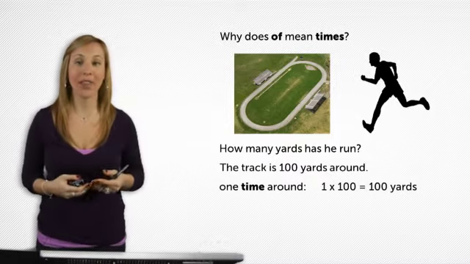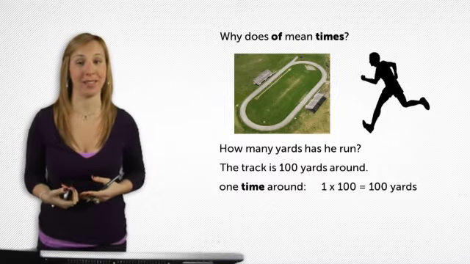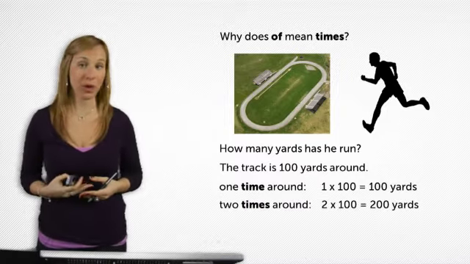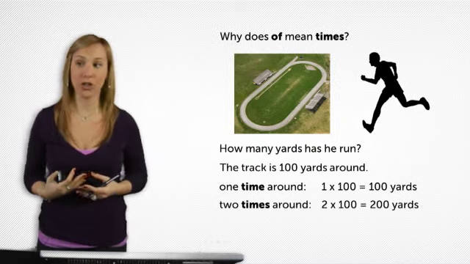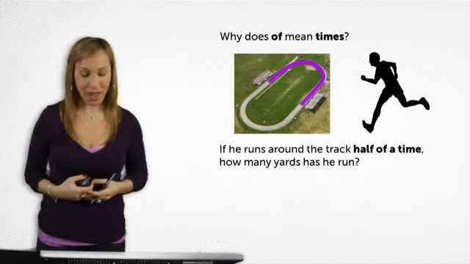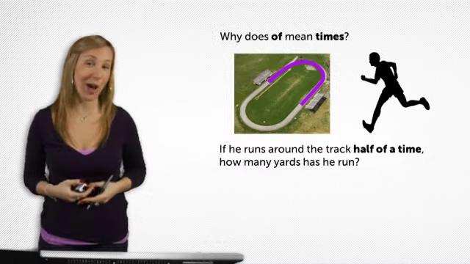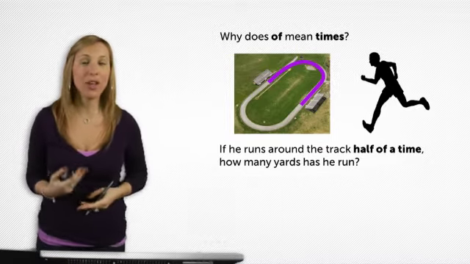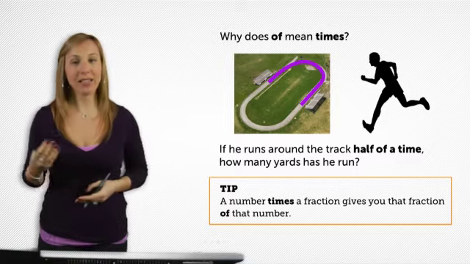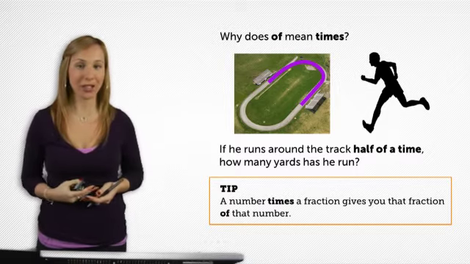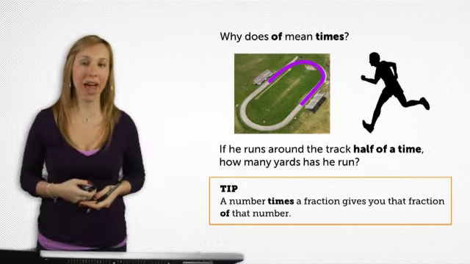Let's say he runs around that track 2 times. That would be 2 times 100, and he will have run 200 yards. What if he runs around the track half of a time? How many yards does he run then? Well, we do the same thing, because a number times a fraction is that fraction of that number.